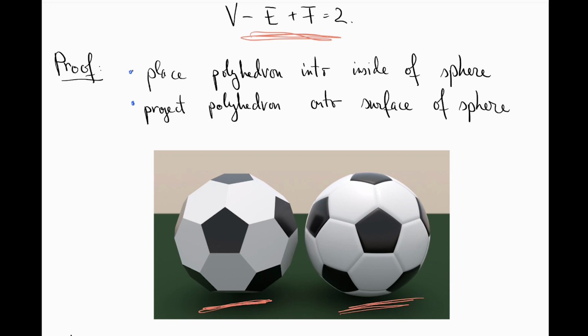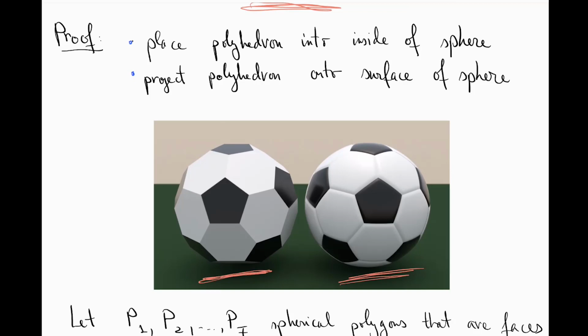Okay, so we will be working with the soccer ball, right? So what the really important thing here is that once you do this, the polyhedron will cover the whole surface area of the unit sphere. And then you get a bunch of extra geometry that you wouldn't see unless you project it onto the sphere.